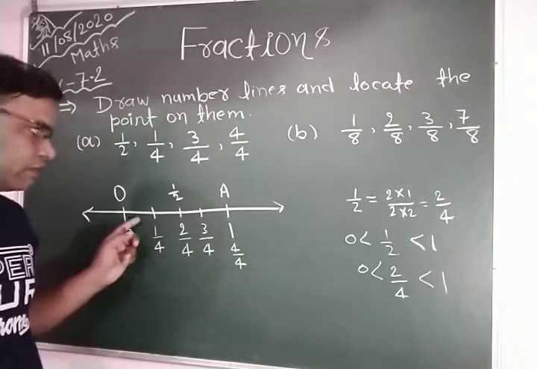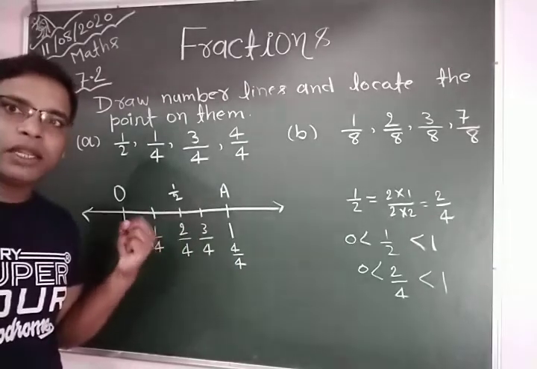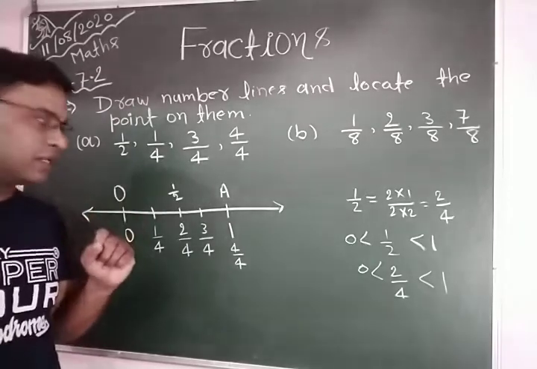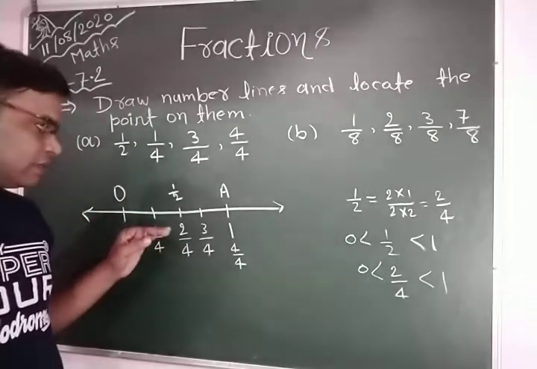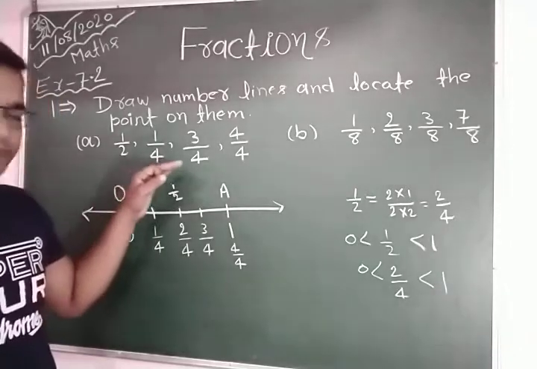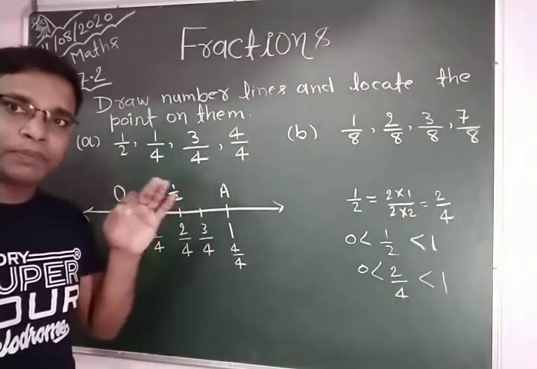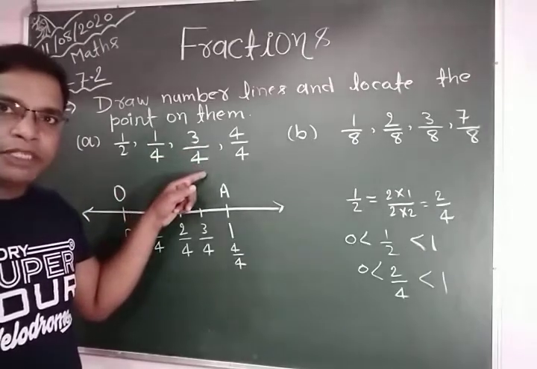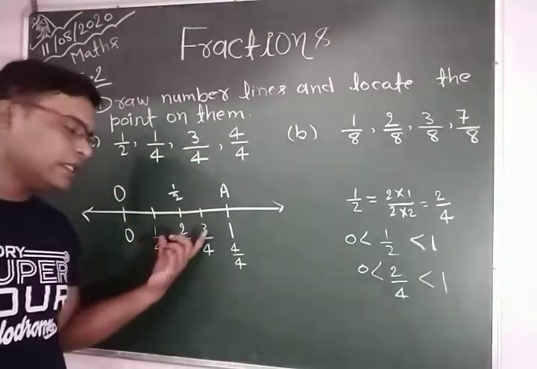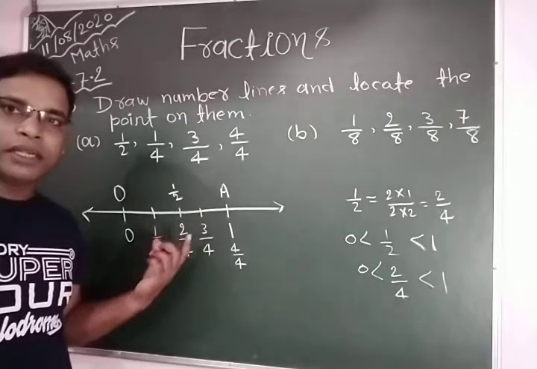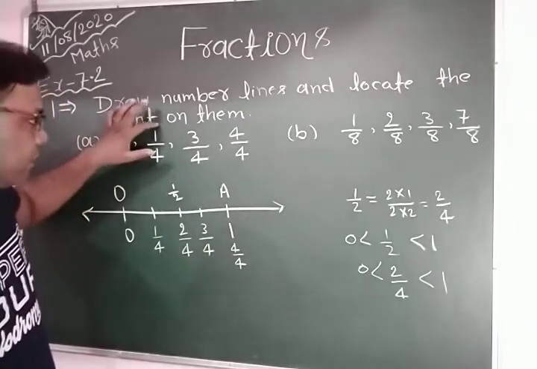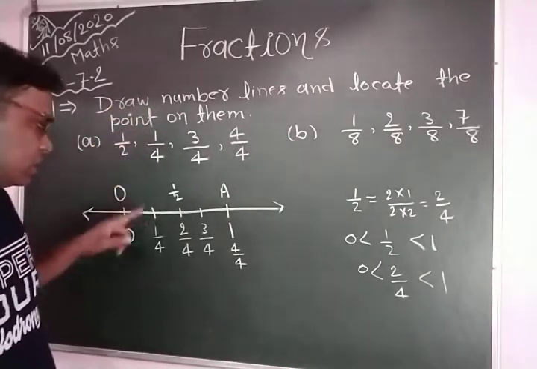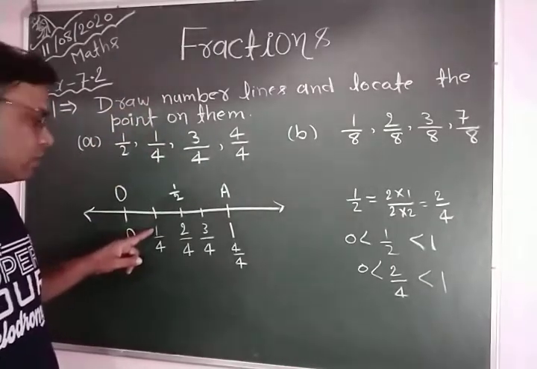After this we divide the line segment between 0 and 1 into 4 equal parts. Why do we divide it into 4 equal parts? Because the denominator of each fraction is 4. For one fraction we take only one part, 1 by 4.